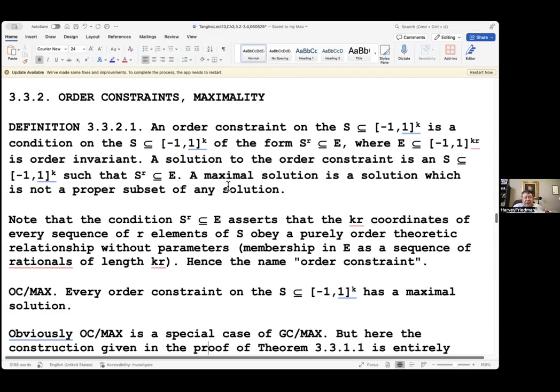Note that the condition S^r contained in E asserts that the kr coordinates of every sequence of r elements of S obey a purely order theoretic relationship without parameters: membership in E as a sequence of rationals of length kr. Hence the name order constraint. There are only finitely many order constraints in dimension k and r.